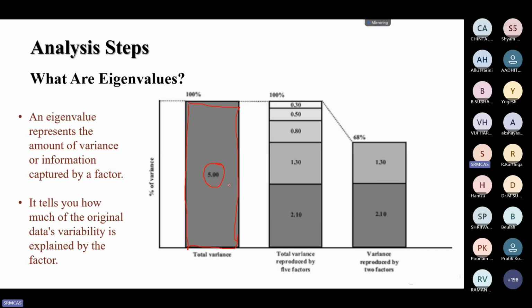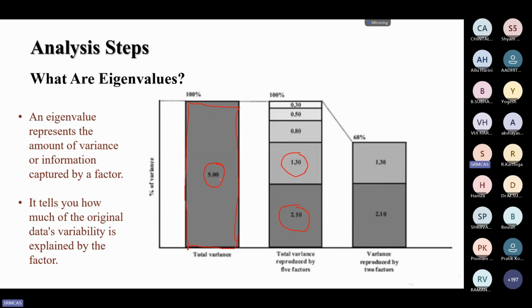Now, if the first factor captures 2.1 of the total variance of 5, the second factor will maximize 1.3 variance, and so on. The number of generated factors will be equal to the number of variables we are using.